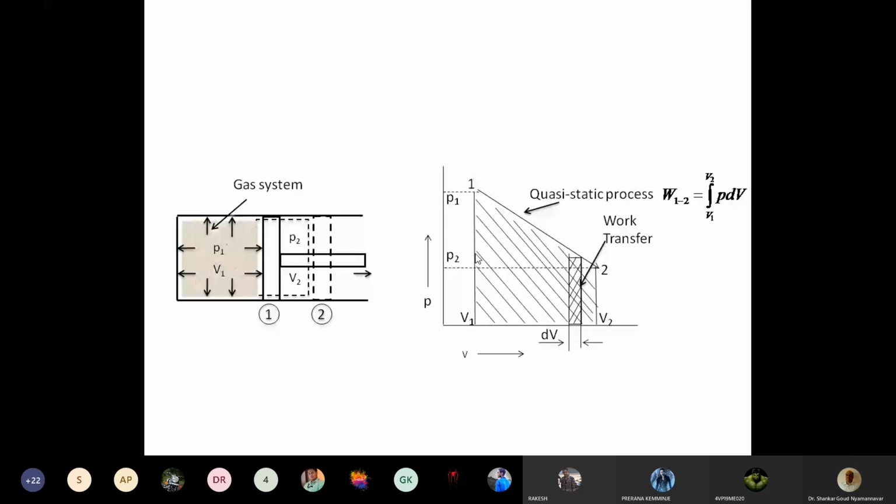So do that integration. So what is integration of P dP?